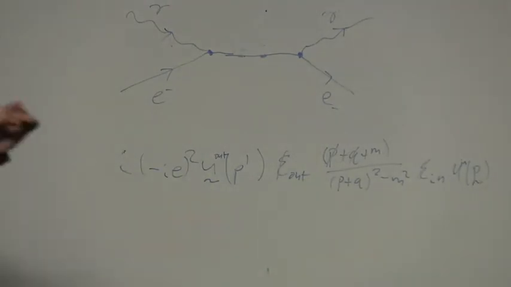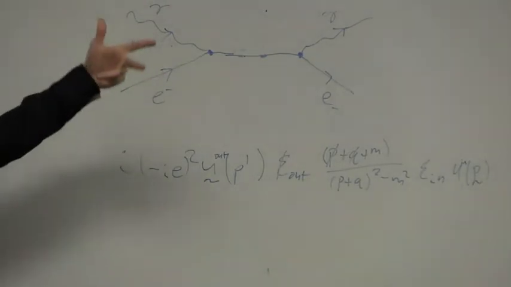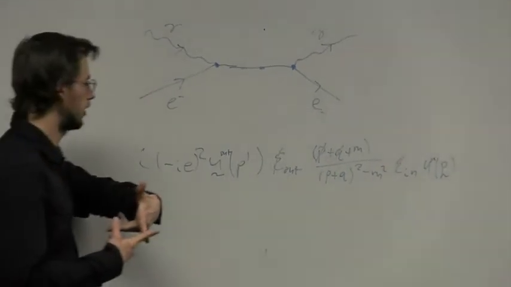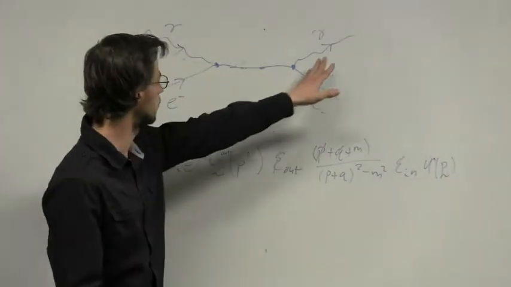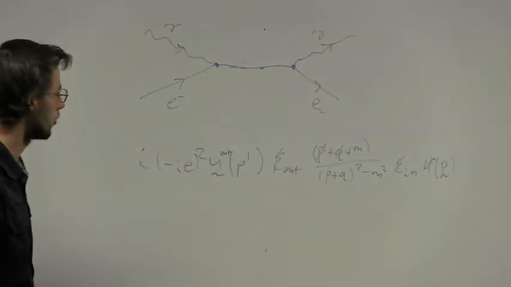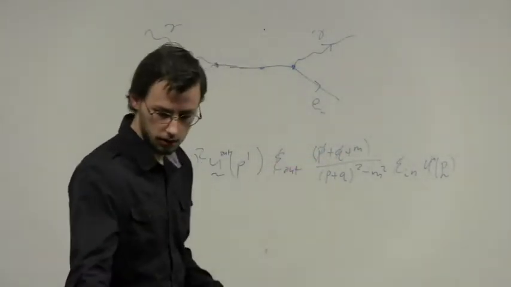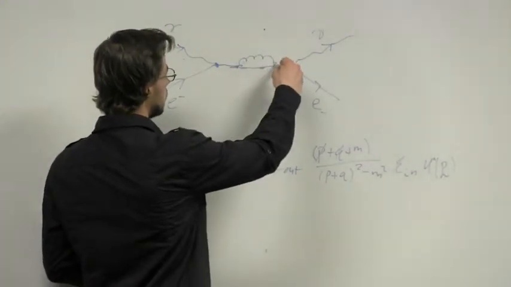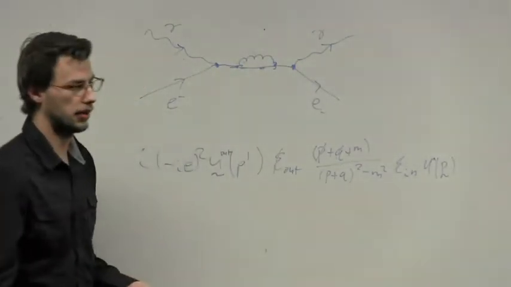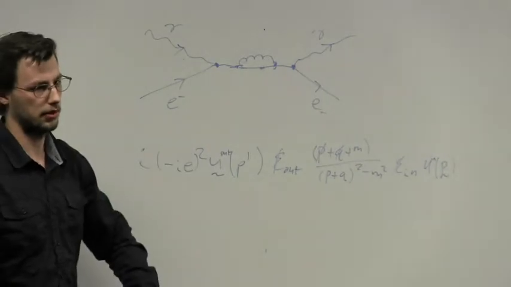Basically what this says is, when the photon and electron come in to interact, this is the probability amplitude that this whole thing is what happens. You could also have, like I said before, a photon be sent out and then come back in and get reabsorbed again.